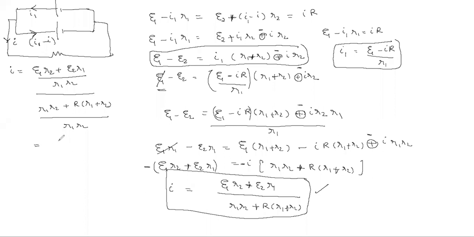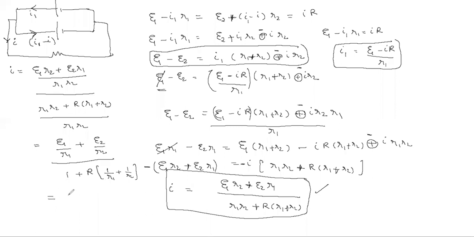E1 by R1 plus E2 by R2, by splitting this part. E1 R2 by R1 R2, R2 gets cancelled, E1 by R1, plus R1 gets cancelled, E2 by R2. In the denominator, can I write 1 plus capital R into (1 by R1 plus 1 by R2), Nana? Yes, sir. Is it correct? Correct, sir.